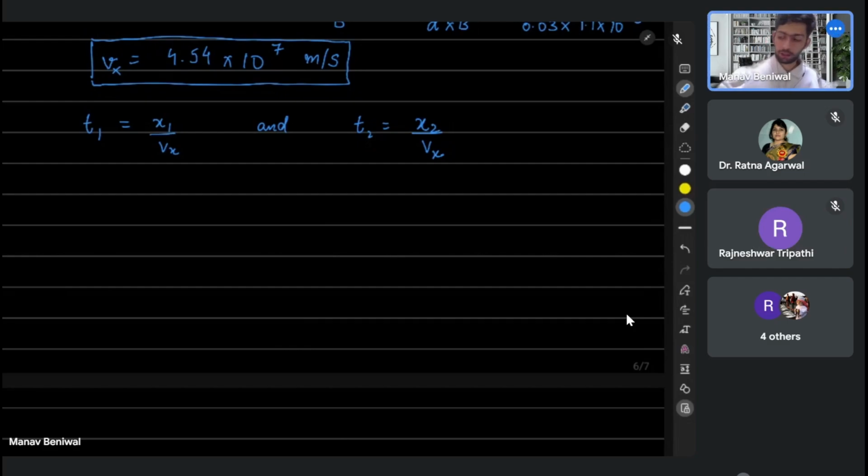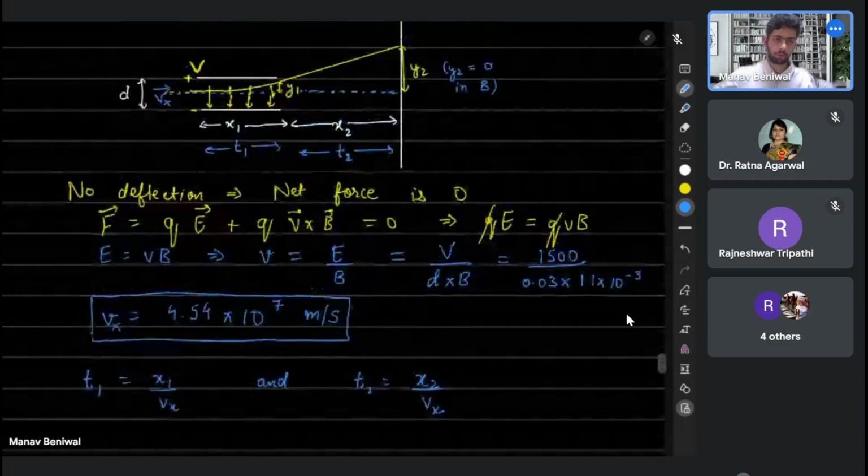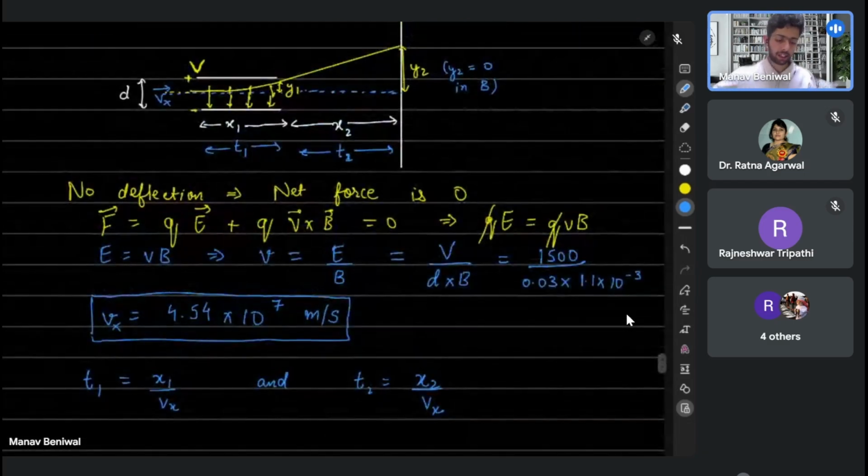Okay, anyway, back to the problem. So we are calculating how much time the electron will take in the region where the electric field is there and in the region where there is no electric field. We are calling those times t1 and t2, right? So we want to know the values of t1 and t2. Note that we have already calculated the velocity of the electrons Vx, and x1 and x2 are given to us in the problem.